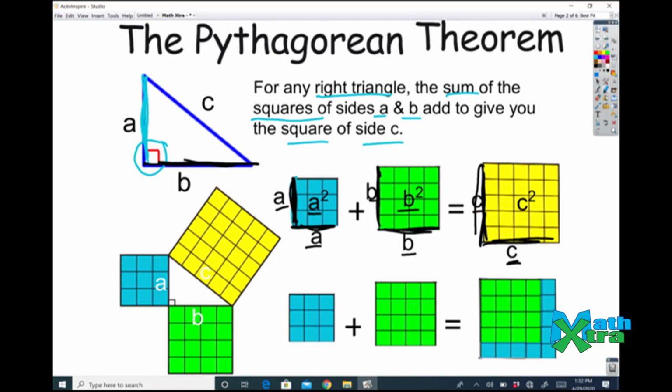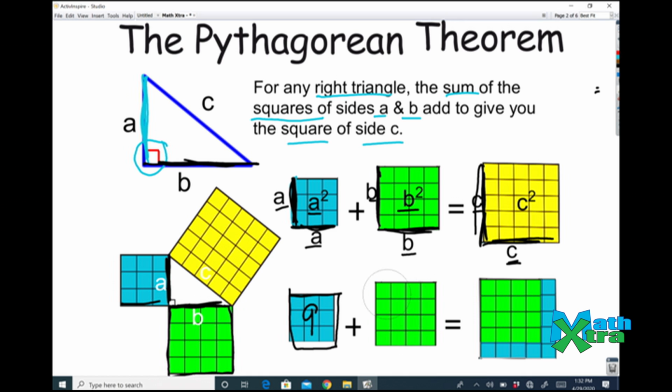So let's look back at the theorem. If I square side A right here, it makes this square. This square is a 3 by 3. What's 3 times 3, or 3 squared? 9. If I square side B, what does it visually make?